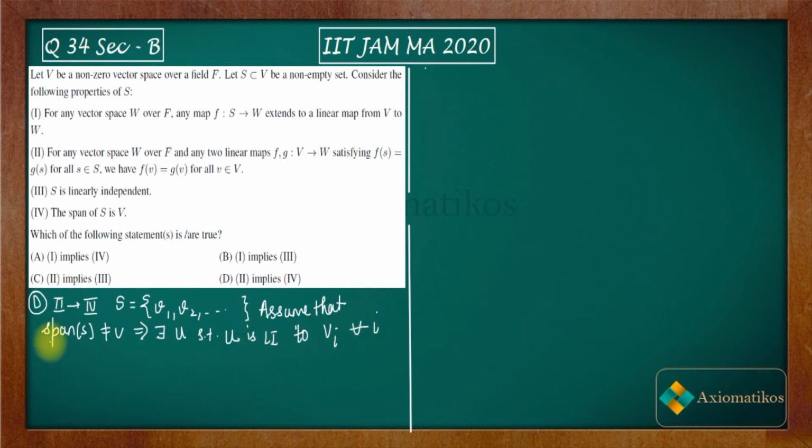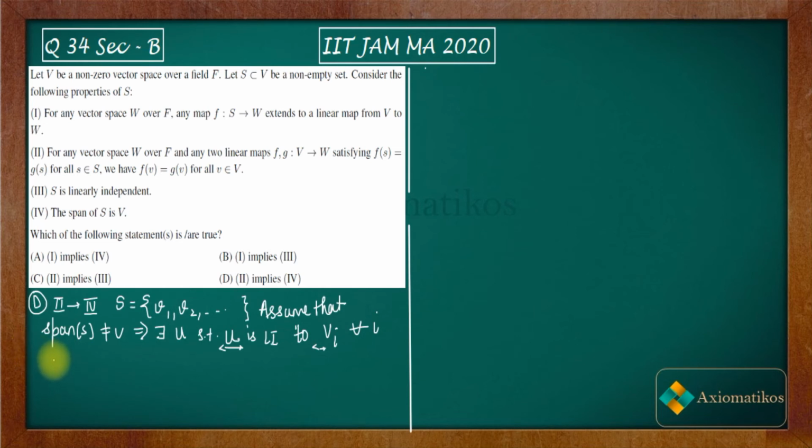So since the spanning set is not equal to V, if you understand the definition of span, you can easily understand this. If you don't, then please look at the definition. If span of S is not equal to V, then it actually means that there will exist an element linearly independent of the elements which I have written inside S. So U is linearly independent of Vi. I have assumed that span of S is not equal to V.